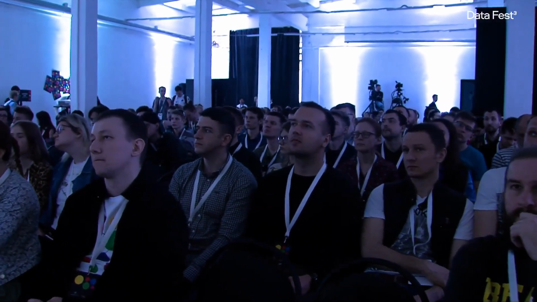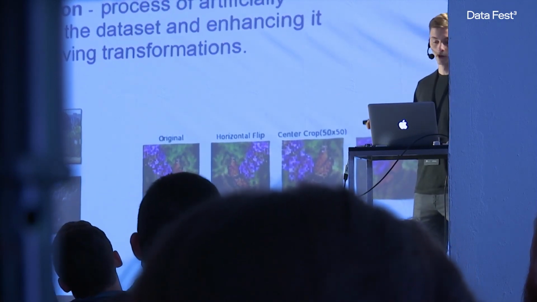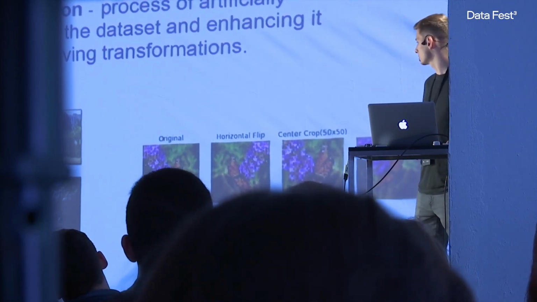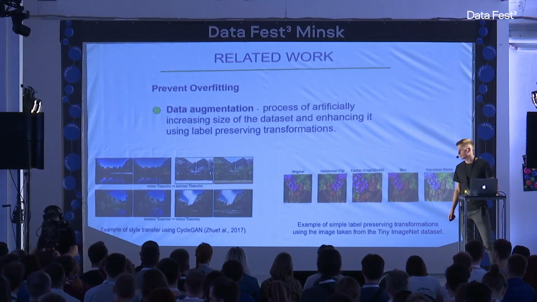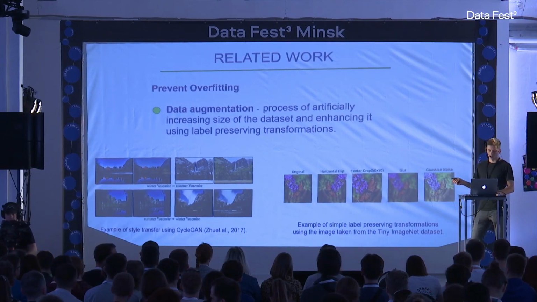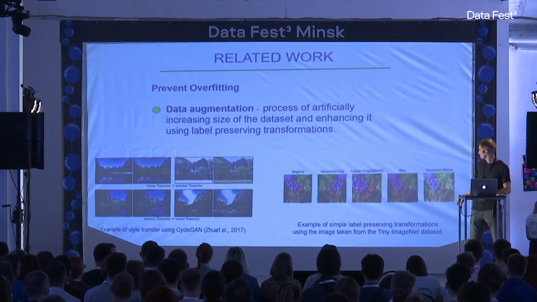Traditional data augmentation, that is using label preserving transformations such as cropping, blurring, horizontal flips, etc. And generative data augmentation, using mainly generative adversarial networks. In my research, I'll focus only on traditional data augmentations.